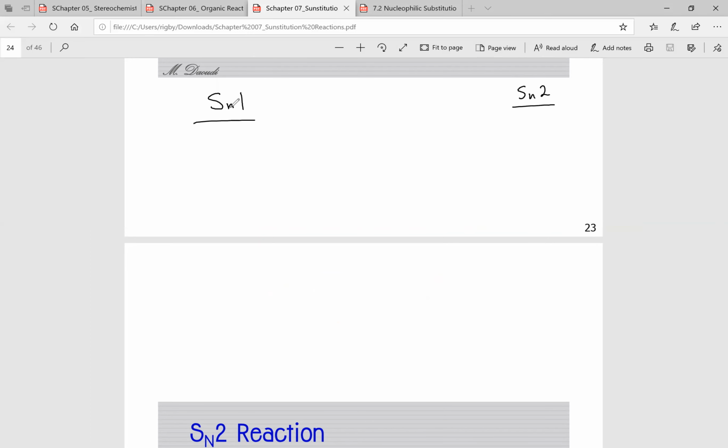So to summarize, Sn1 is 2 steps, where I'm just going to draw RX, where X is the leaving group, and so then it leaves, and we get a carbocation, R+, and then the nucleophile attacks R+, and then we end up with our substitution, our substituted product, which is going to be R-nucleophile, okay?